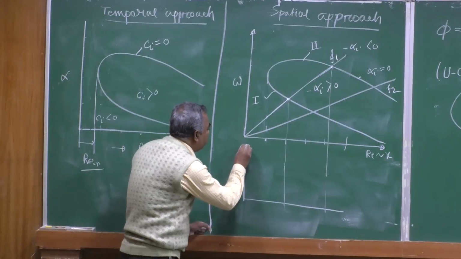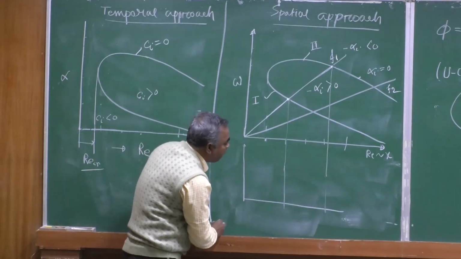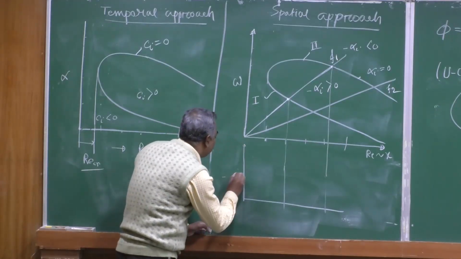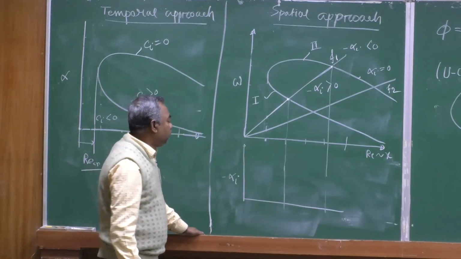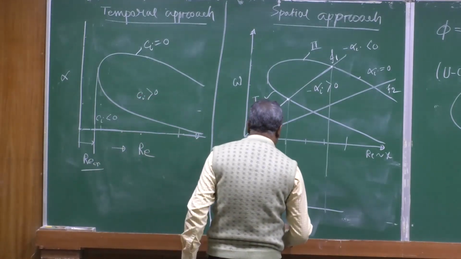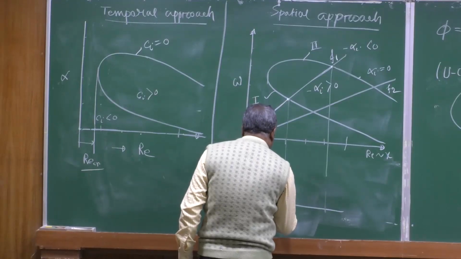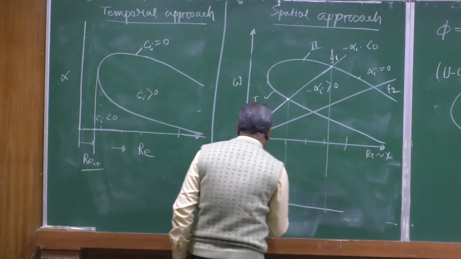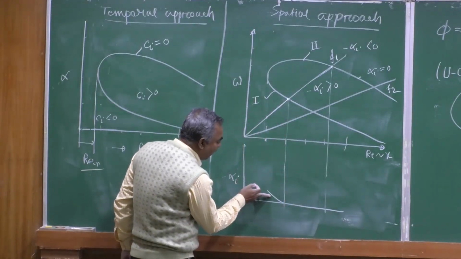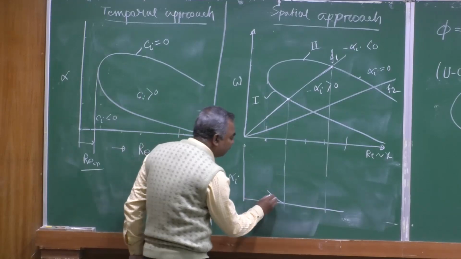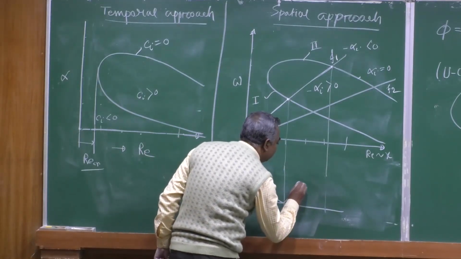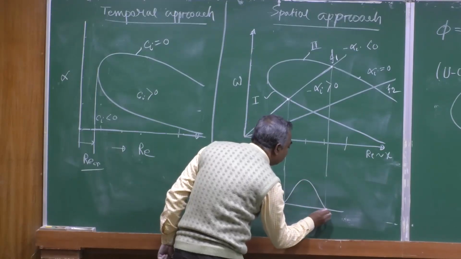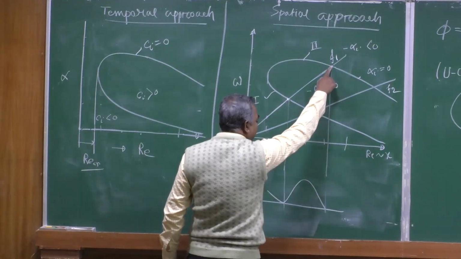So, that means if you plot it here, this one is going to be, let us say, your minus alpha I. So, your minus alpha I, see below this point is going to be decaying, the minus alpha I value will be going towards 0, then from this point it will start increasing, then again it will be 0 at this location.